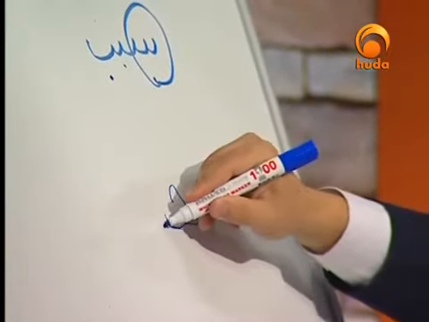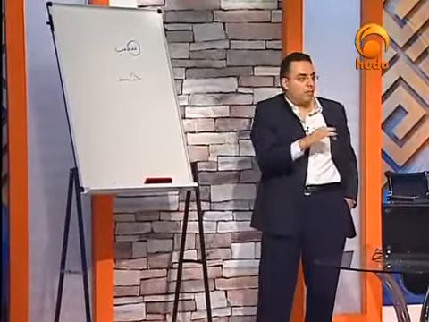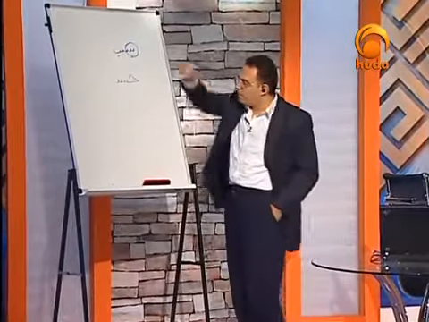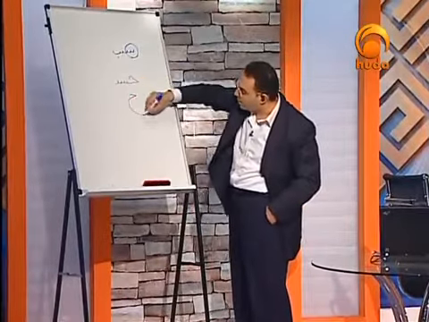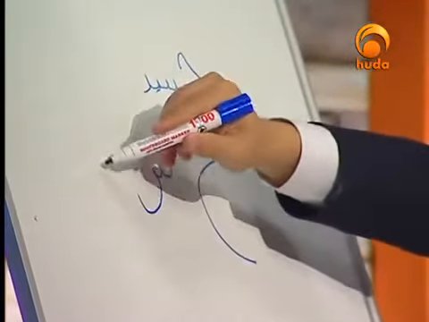For example, we have hasad in the medial position. So we say ha, 3 teeth for sad, and then we have that. How many letters do we have in hasad? We have 3. The first one is ha, the second one is sad, and the third one is dad.